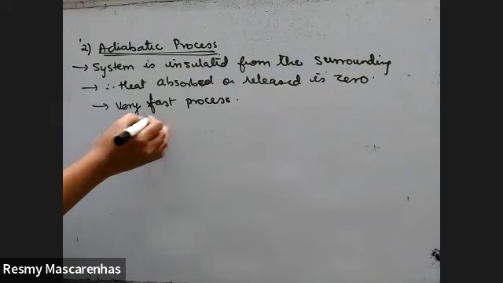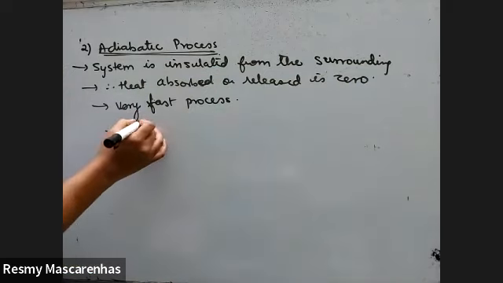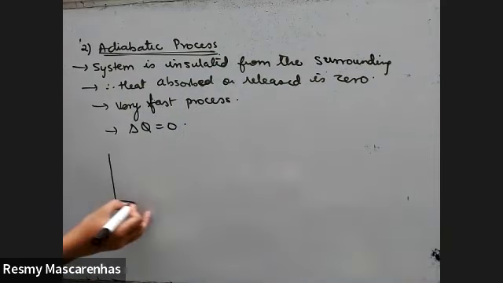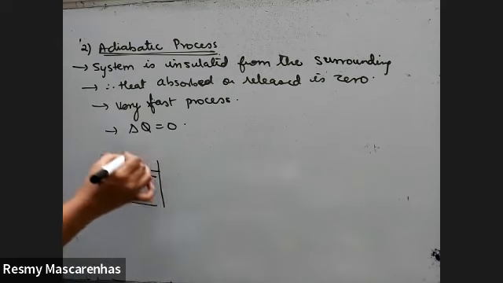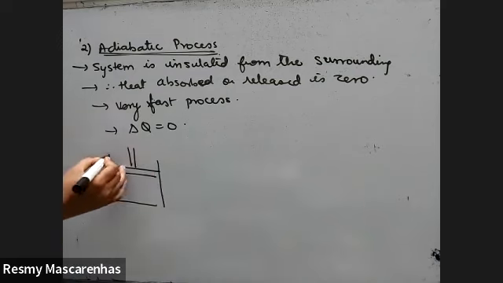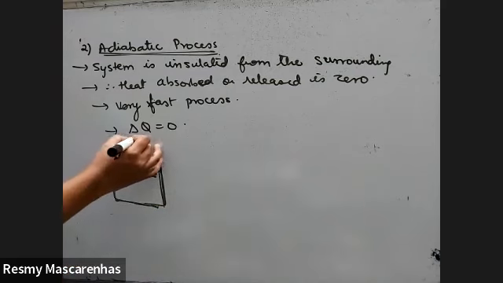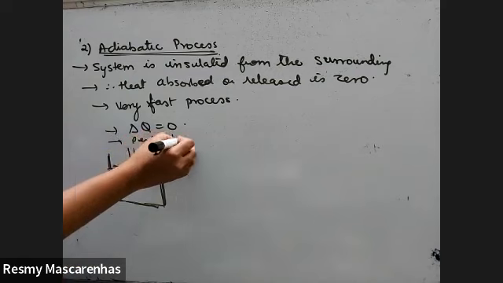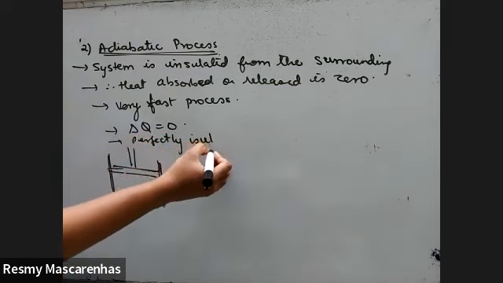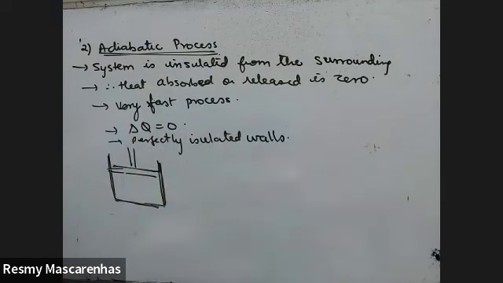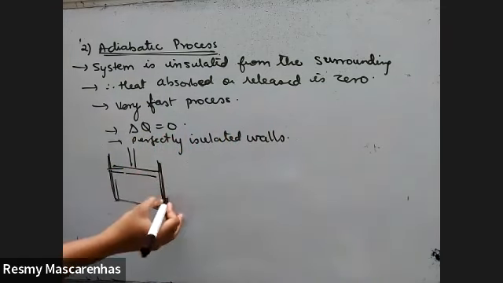Delta Q is zero for this. So the same example we will take: the cylinder and the piston. Now this part is insulated, everything will be insulated. You can write perfectly insulated walls in it. These are fully insulated.